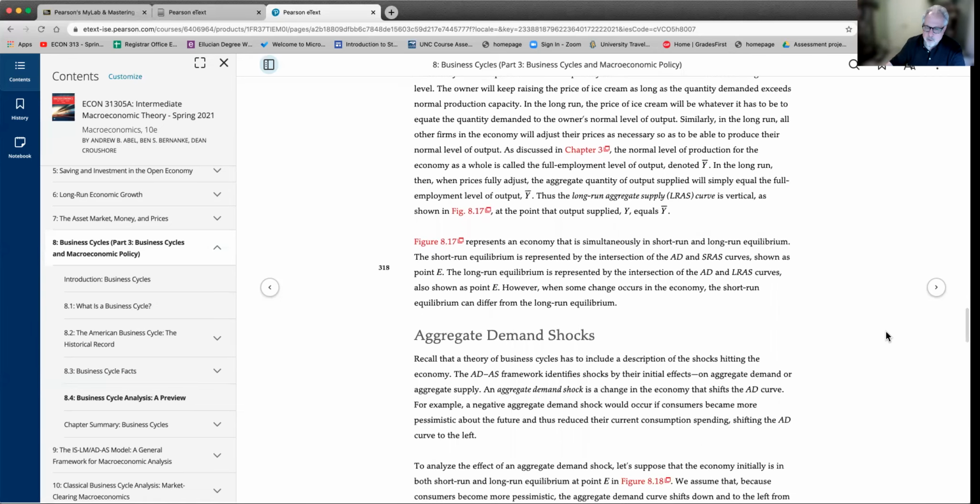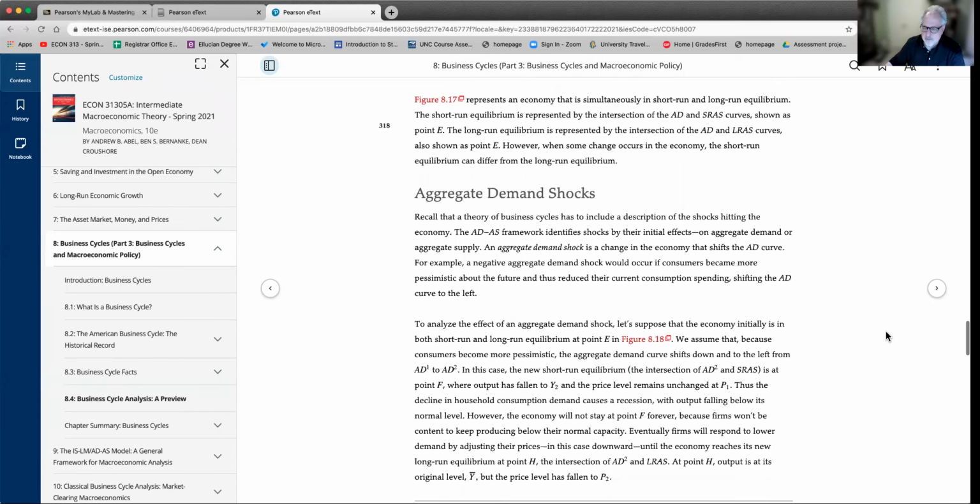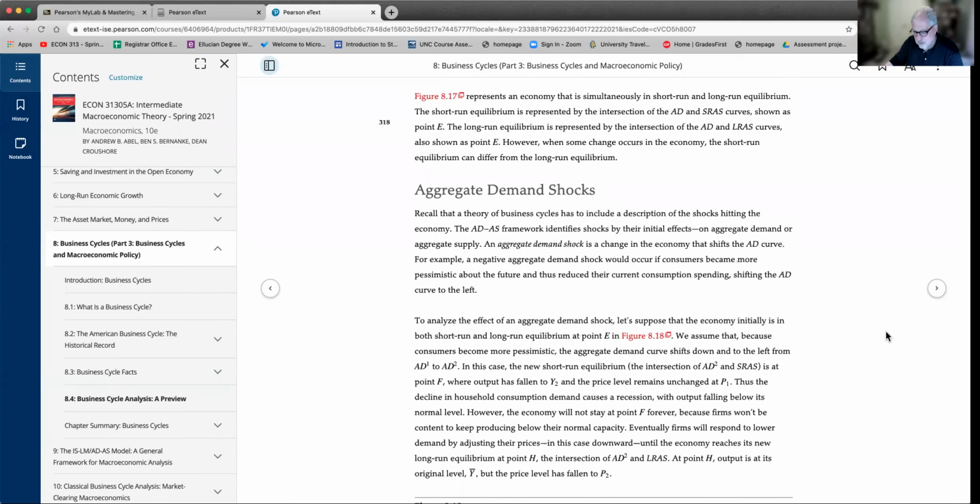And then what we should do in terms of policy, if anything. Should the federal government do anything in terms of fiscal policy, taxes, and government spending? Should the Federal Reserve do anything in terms of changing the interest rate and the money supply in order to try and move the economy one way or the other in terms of the business cycle?